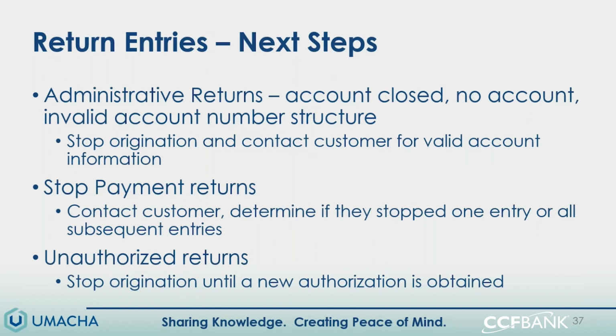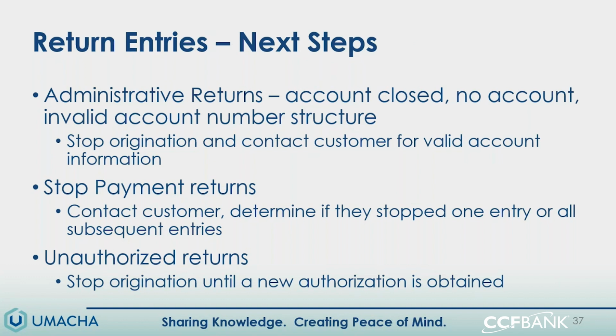Could also be that maybe you transposed some numbers when you were typing in the account number, or maybe the customer or client transposed numbers when they gave them to you. So that sort of thing, you'd want to reach out and verify the account information to make sure that we have valid account information so that we can try to send a new entry with a new authorization to an account that is not closed or that does have a valid account number structure.